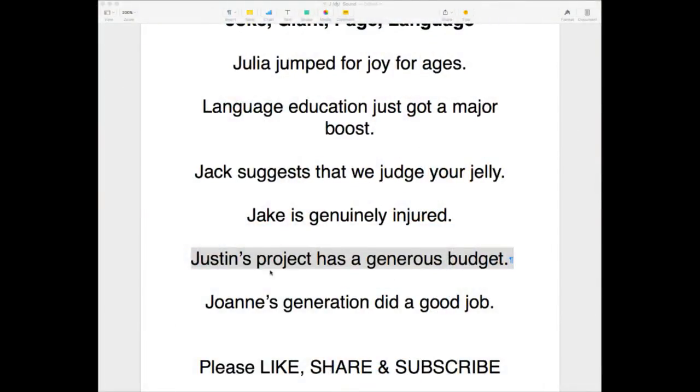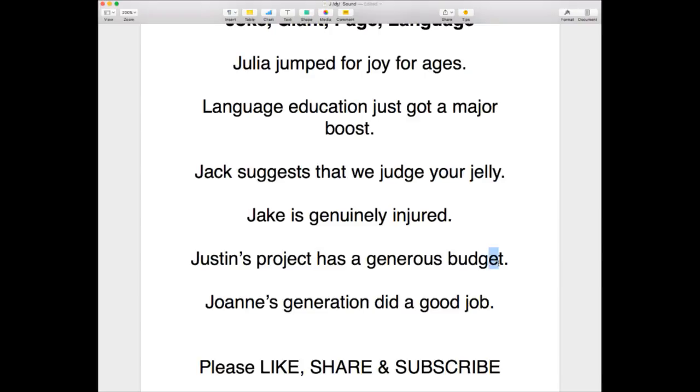So then we have Justin's project has a generous budget. Justin's project has a generous budget. So we have Justin, male name, project has a generous, so this is a j sound as well, generous budget.